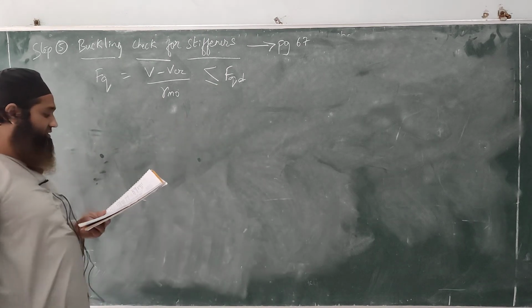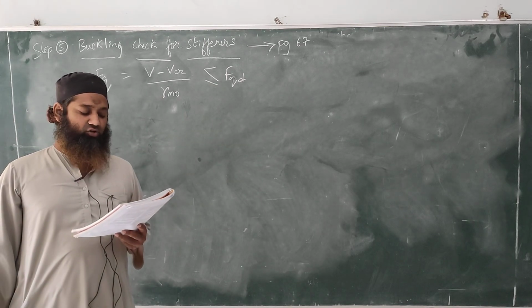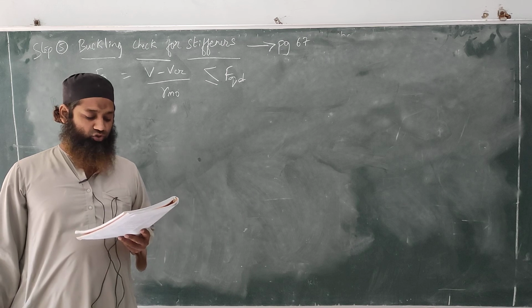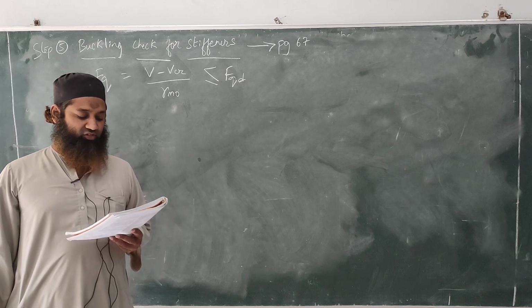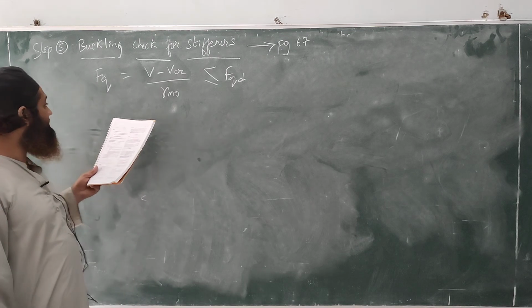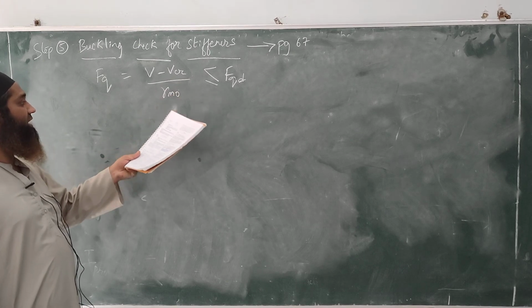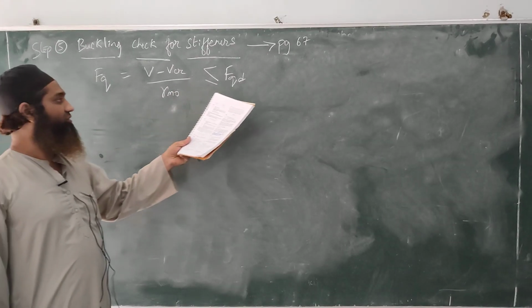Just see here, it says stiffeners not subjected to external loads or moments should be checked for a stiffener force. Fq is equal to V minus VCR by gamma M0. It should be less than or equal to FQD.